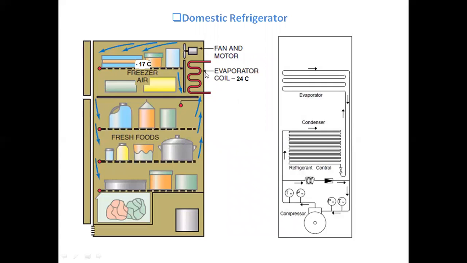And as you can see, the fan and motor at the top circulate air in this refrigerator cabin, and the evaporator coils come out through this. The compressor, expansion valve, and condenser are shown here. And at the back, the four basic components of the VCR cycle, like evaporator, condenser, compressor and expansion valve, are shown here.